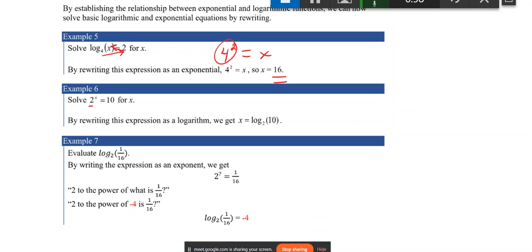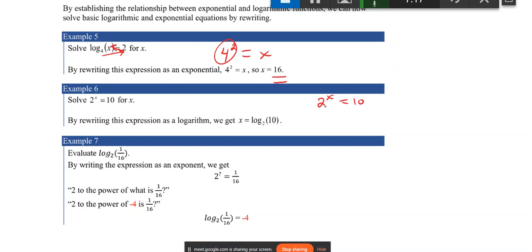And this one, let's say if we had 2 to the power of x is equal to 10, then we can rewrite this in logarithmic form, right? So I'm going to say base 2, so 2 to the power of x is equal to 10.